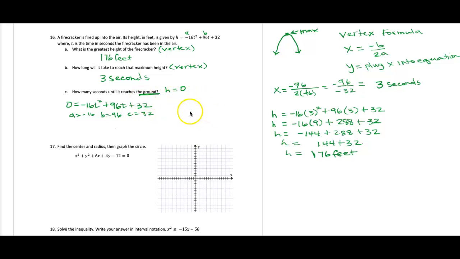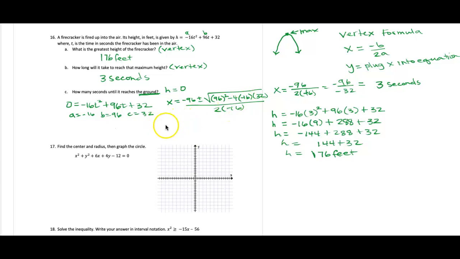And then put those into the quadratic formula. x equals negative b plus or minus the square root of b squared minus 4 times negative 16 times 32, all over 2 times negative 16. So x equals negative 96 plus or minus the square root of b squared minus 4 times negative 16 times 32, all over 2 times negative 16.